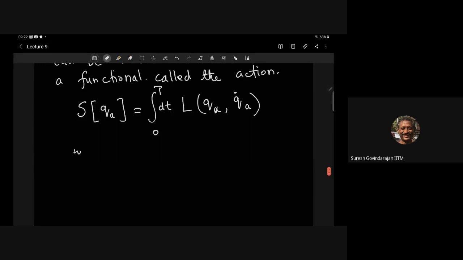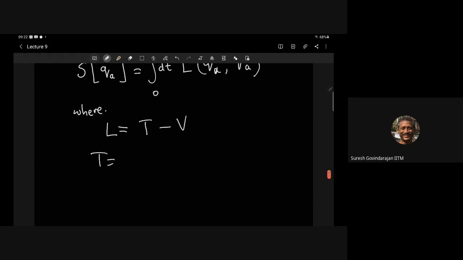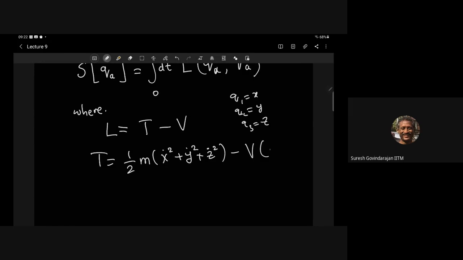So where L of t took the form of T minus V, where T, in Cartesian coordinates, was just half m times x dot squared plus y dot squared. So q1 is x, q2 is y, and q3 is z. Okay, Cartesian. We know how to handle V of x, y, and z.